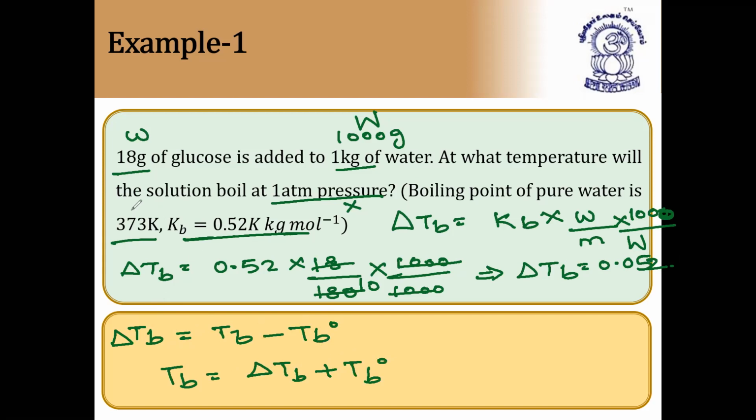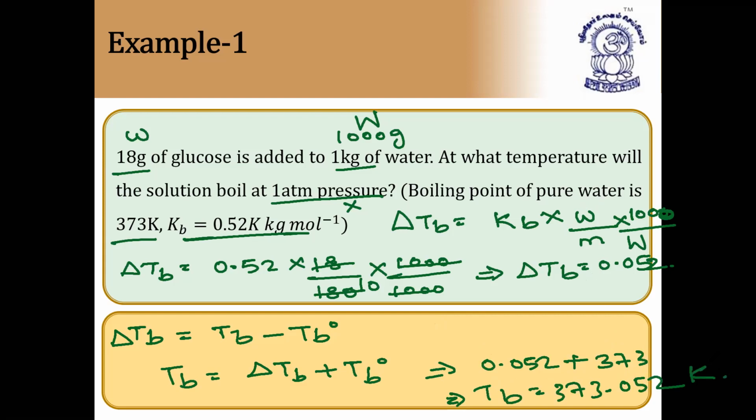We got 0.052 plus 373, because 373 is TB naught, the boiling point of pure water. So this is coming around 373.052. So this is the answer exactly.